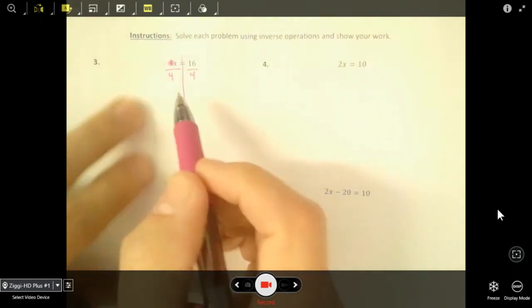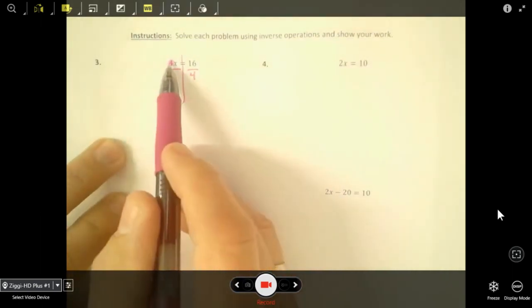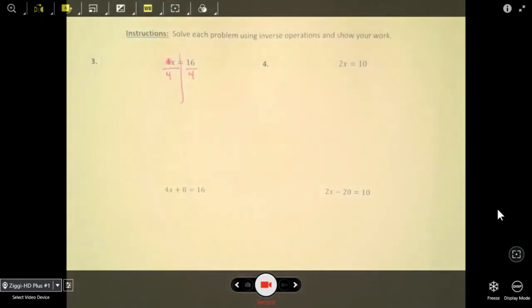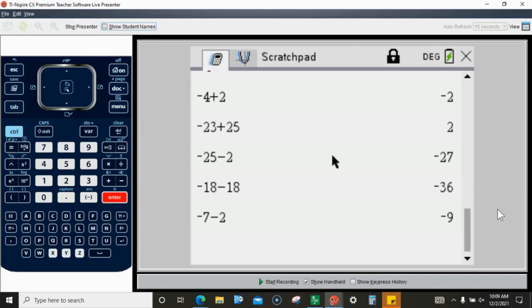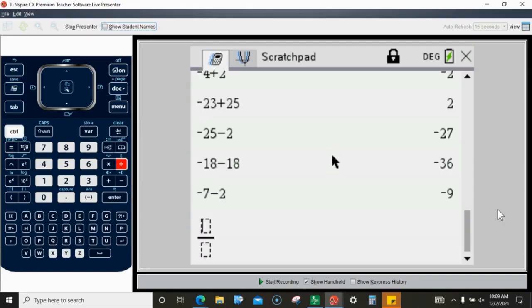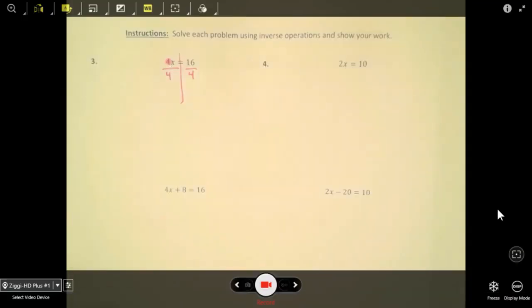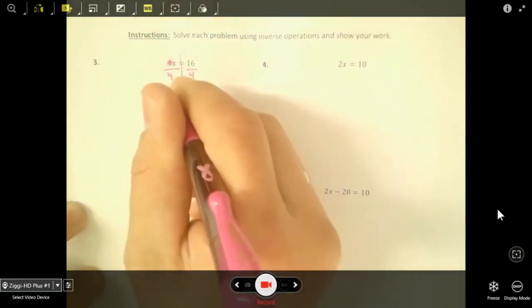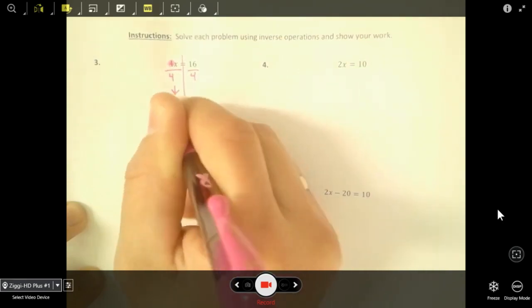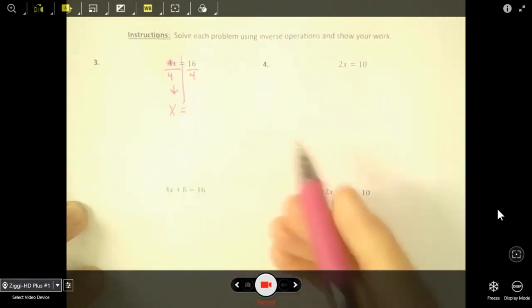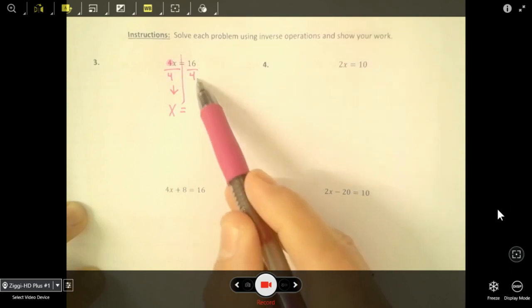Now, just keep in mind that 4 divided by 4, if I were to put that in my calculator, if I hit Control Divide to get a fraction bar and put 4 over 4, it's just going to give me 1. So since that just gives me 1, then that means that this really is just 1x. And that's equal to whatever 16 divided by 4 is.